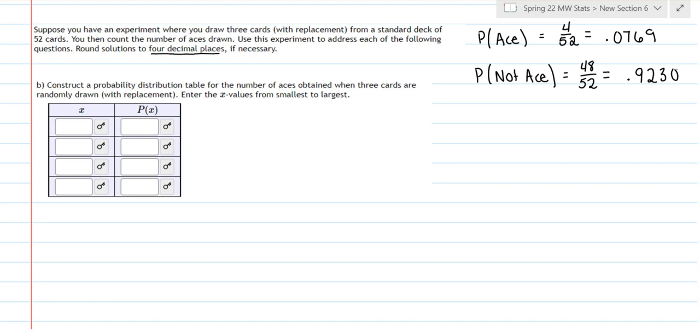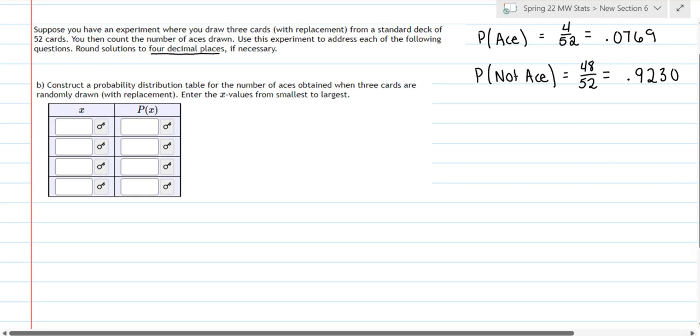Now, how many outcomes of this experiment could we get? We have ace or not ace, right? So 2 possible outcomes. How many times am I drawing the card? So remember, possible outcomes to the number of experiments. So we have 8 total outcomes.